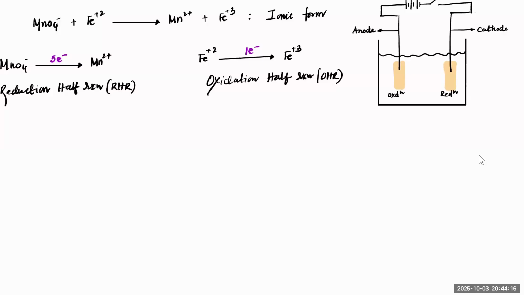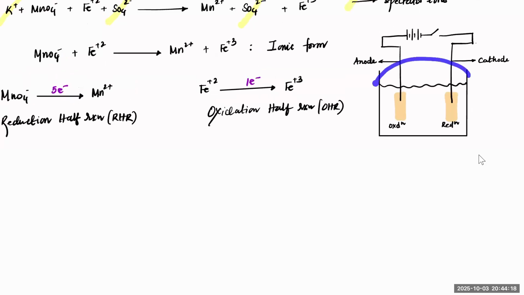Clear? If the setup is happening in only one cell like this, with the help of an external battery, this is called electrolysis, and the cell is called an electrolytic cell. Got it? So whatever I have written is an electrolytic cell.